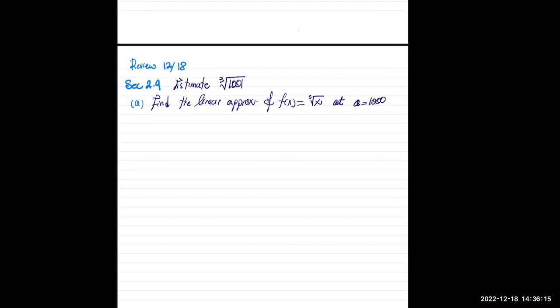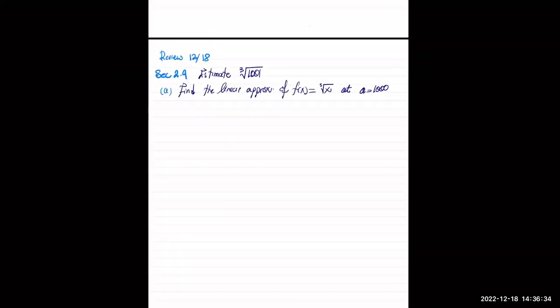So again, just look at the number and see what is the nearest perfect cube to the number that you're trying to estimate. It's 1000 because the cube root of 1000 is 10. I would tell you already which function and which a to use.